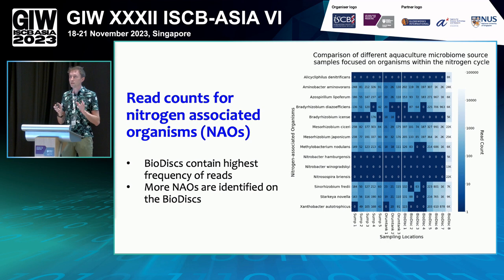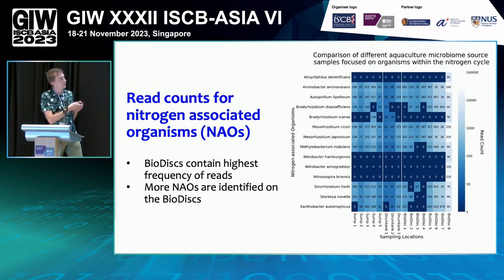Okay, and so for the remainder of this talk, we're going to focus entirely on nitrogen-associated organisms, just to drill down into a subset of the predicted species. And so that's what you've got here. The take-home from this heat map is that the biodiscs contain the highest frequency of the reads, and that the nitrogen-associated organisms are identified the most within these biodiscs, which you can see here, especially in the later samples that we collected, where we have the highest number of reads associated with these species.